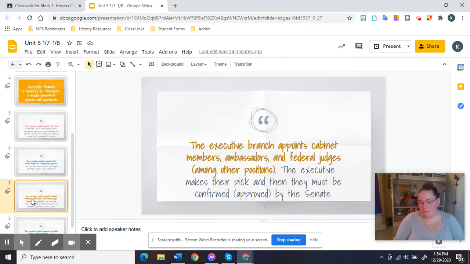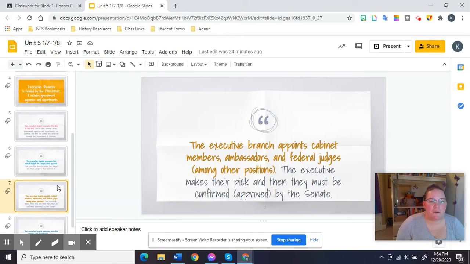Ambassadors, they're the main points of contact in other countries, like the ambassador to England, the ambassador to France. And federal judges, like Supreme Court justices. There are a bunch of other little ones, but those are the three main that you need to remember. The executive makes their pick, and then they must be confirmed or approved by the Senate.